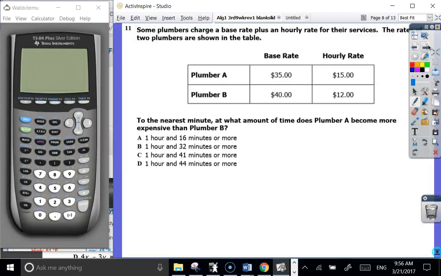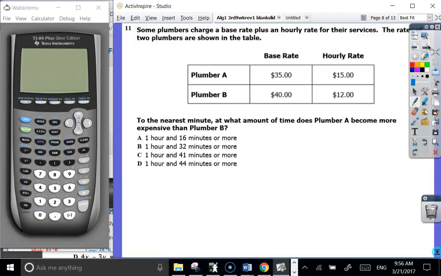So let's see, how would we set up this system, right? Some plumbers charge a base rate plus an hourly rate. Okay, what does it mean then, the base rate? That's what you pay them to get there, like to go to your house. That's the part that doesn't change, right? And then the hourly rate depends on how many hours they spend.